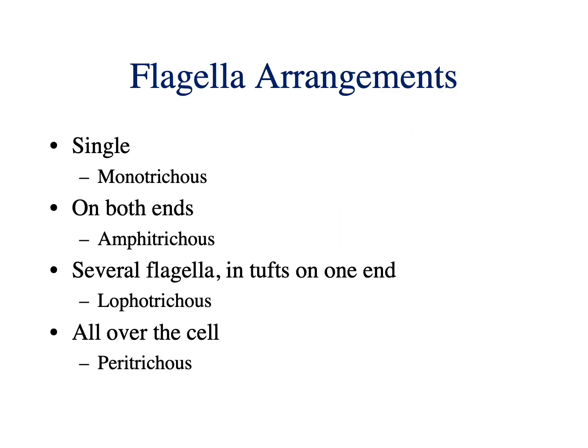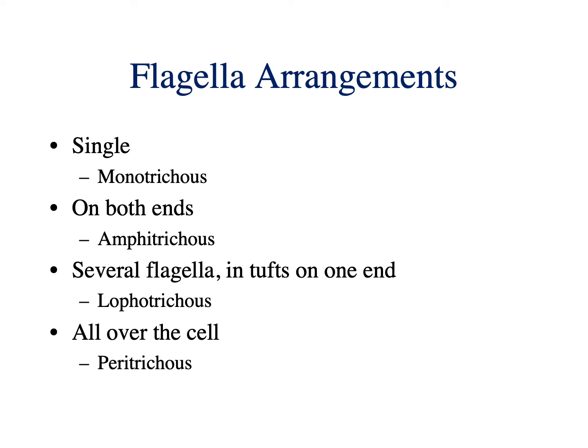The types of flagella arrangements that you need to know are these. If it has just one single flagellum, it is a monotrichous arrangement. If it has one flagellum on each end of the bacteria, like on each end of a bacillus, it is an amphitrichous arrangement.